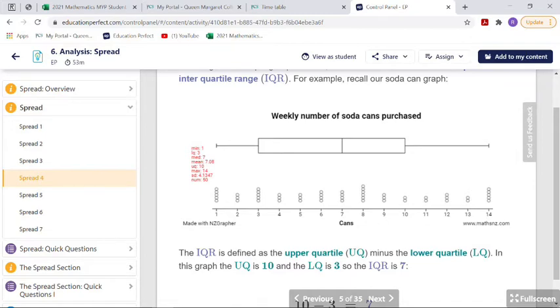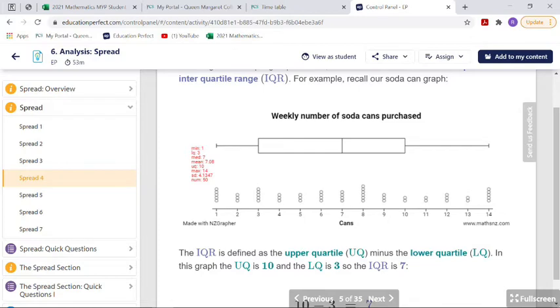The outlier is not going to affect what's happening in the middle as much as it affects what's happening at the end. So although range is one of the measures of spread, and I'm going to tell you now, if you want high excellence, you will talk about the range. It's not necessary, but for high excellence, you will talk about the range.